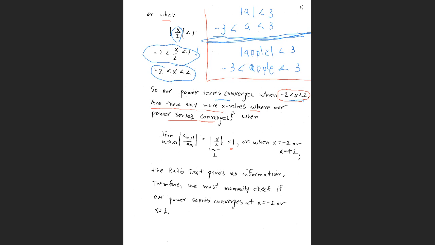Well, when the absolute value of the common ratio equals 1, that would happen when x is -2 or +2, but the ratio test gives no information in those cases.